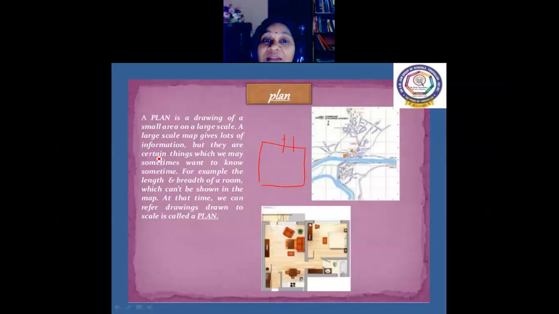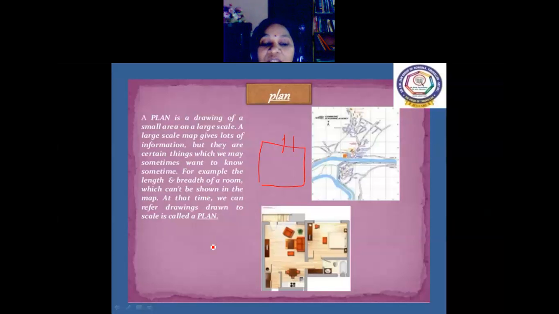A plan is a drawing of a small area on a large scale. A large scale map gives lots of information, but there are certain things which we may sometimes want to know, for example, the length and breadth of a room. See, it's 10 into 10.